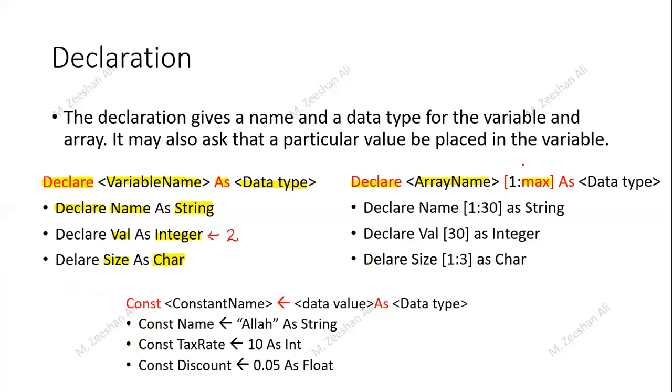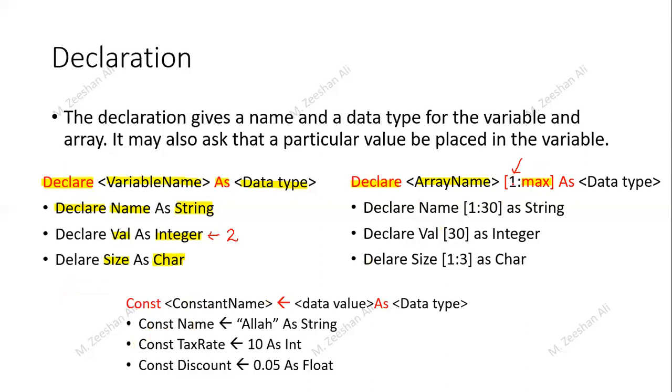One is the starting value, from which index number our array is starting, as it is starting from number 1, and the maximum value. For example, I want to declare an array that is going to store 30 values in it.